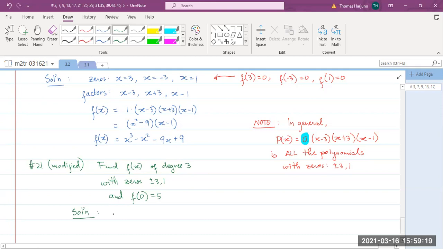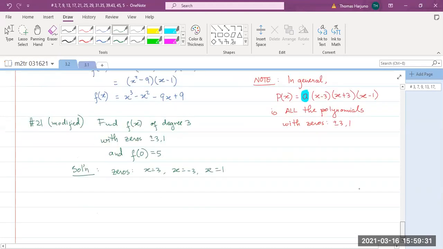So the zeros are x equals 3, x equals negative 3, x equals 1. Remember, in the past, I don't want you to just say x equals 3, negative 3, 1 like that. I don't like you to write it that way, and I have my reason.